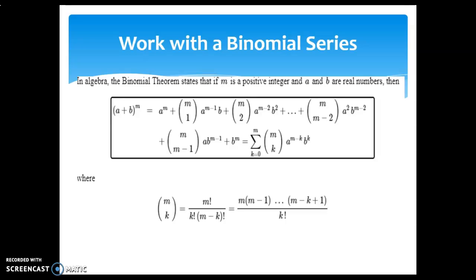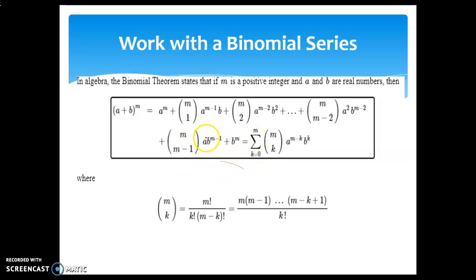So working with the binomial series, if you have a plus b raised to the power of m, the expansion of that would be a raised to the power of m, plus m choose 1 times a raised to the power of m minus 1 times b, plus m choose 2 times a raised to the power of m minus 2 times b raised to the power of 2, and so forth.